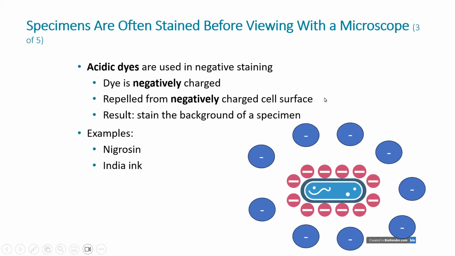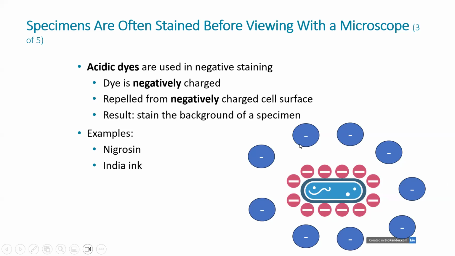Now, on the other hand, we have acidic dyes, as opposed to our basic dyes, and they're used in negative staining. The dye in this case is going to be negatively charged. Since the cell surface is negatively charged, they're going to repel each other.